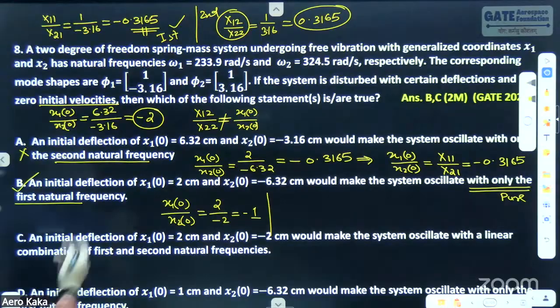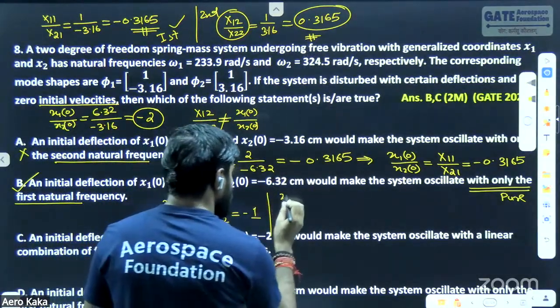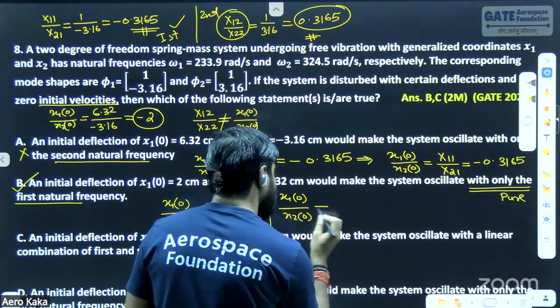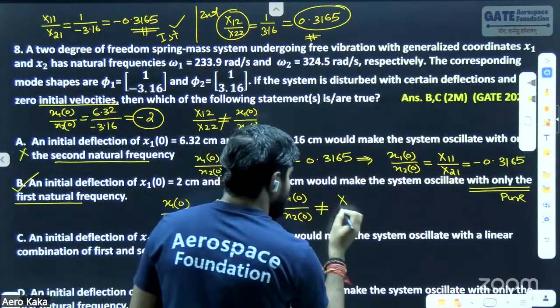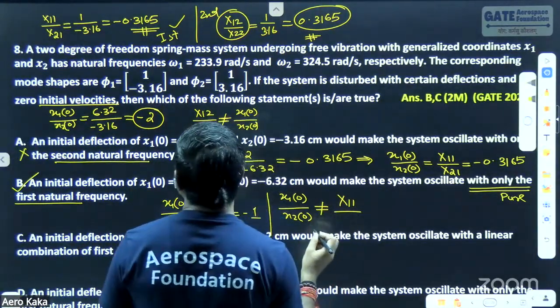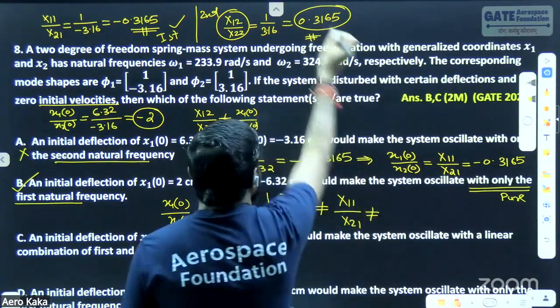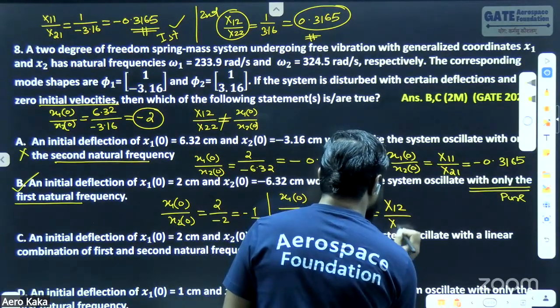Now compare with both the mode shape ratios. Here you can write, x10 upon x20 is not going to be equal to x11 divided by x21, and not equal to x12 divided by x22.